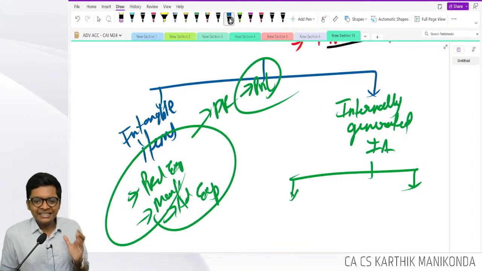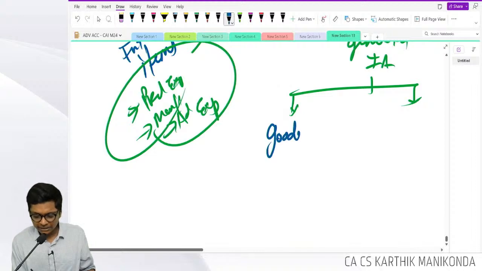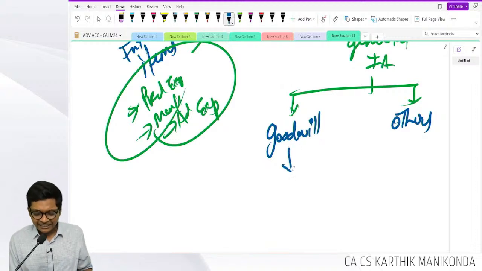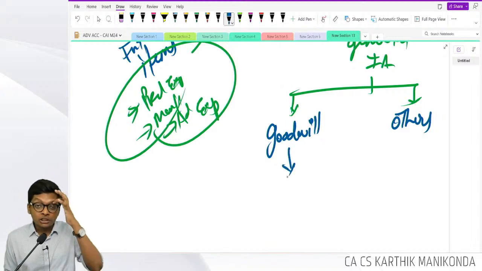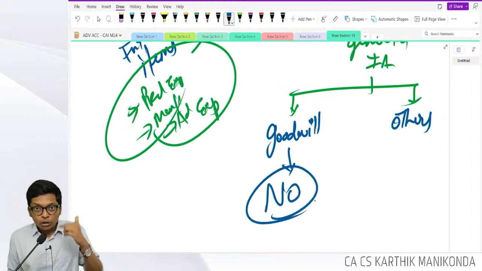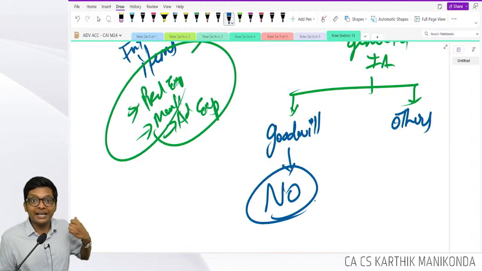If you are internally generating an intangible asset, internally generated goodwill, others. If it's internally generated goodwill, I incurred cost for it for many things. Do not account. Acquired goodwill. In case of consolidation, cost of control, goodwill. In case of amalgamation, purchase method, goodwill. That I can account and show in the balance sheet.